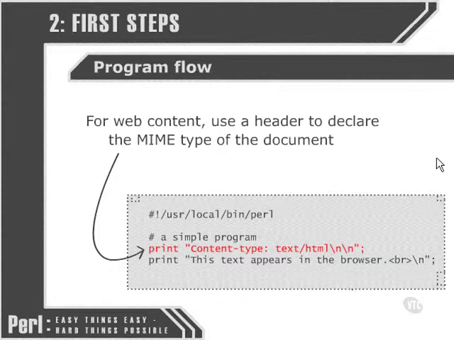So that's the first thing that needs to appear. Content type has to be told, otherwise the web browser won't know what it's accessing. In fact, the web server won't even send any data correctly. It won't be able to interpret what the Perl script is trying to tell it to do. So for most cases, we're going to be producing HTML.